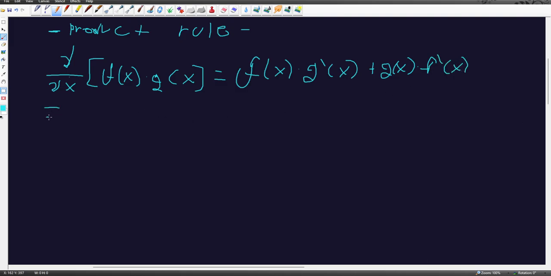I like writing it like this. They're both the same thing. G of x times f prime of x. You understand why I like writing it like this?